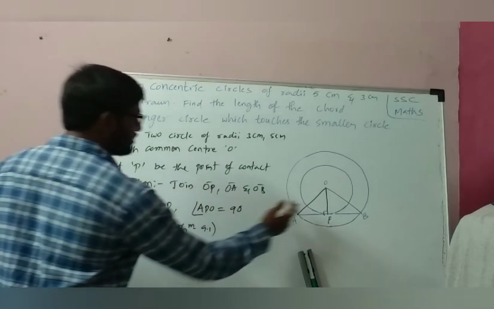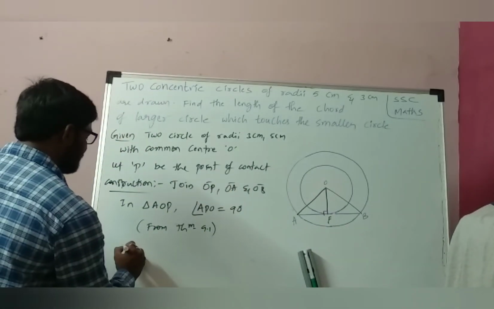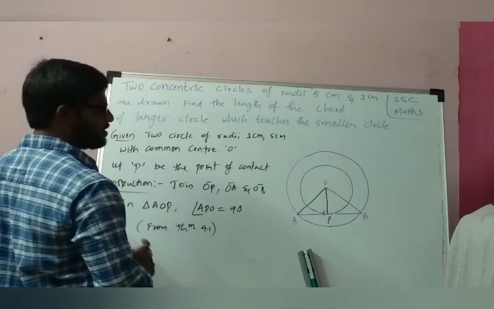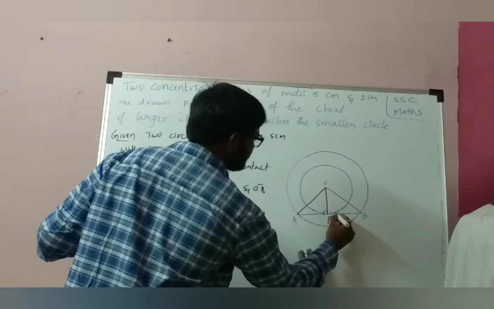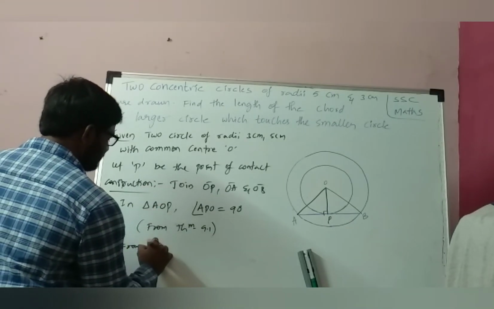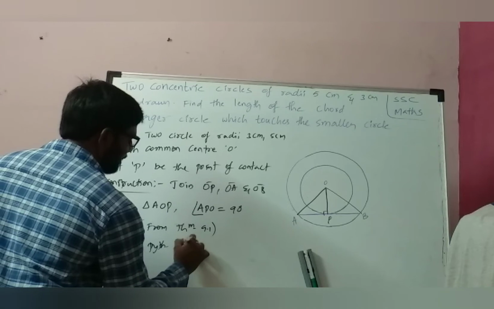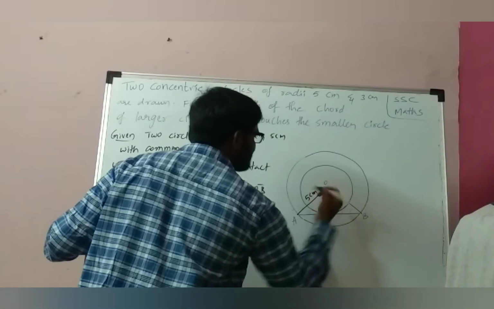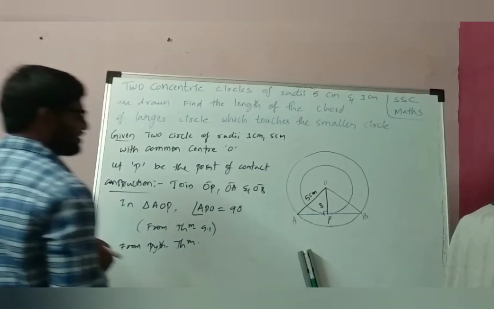Next, since it is a right angle triangle, we can write square of the hypotenuse equal to sum of the squares of the other two sides from Pythagoras theorem. What is the hypotenuse here? Radius of the outer circle is 5 centimeters and radius of the inner circle is 3 centimeters.